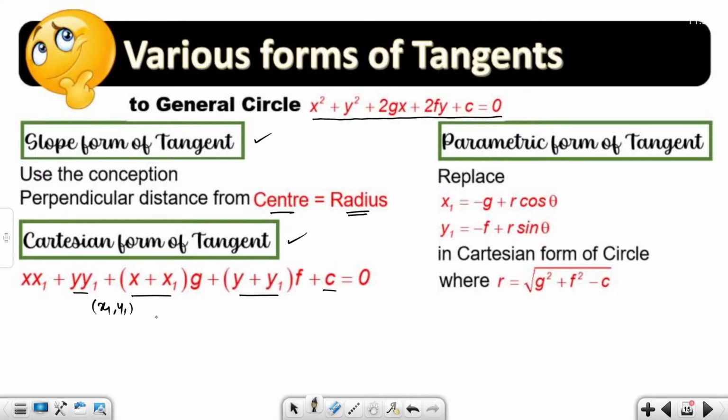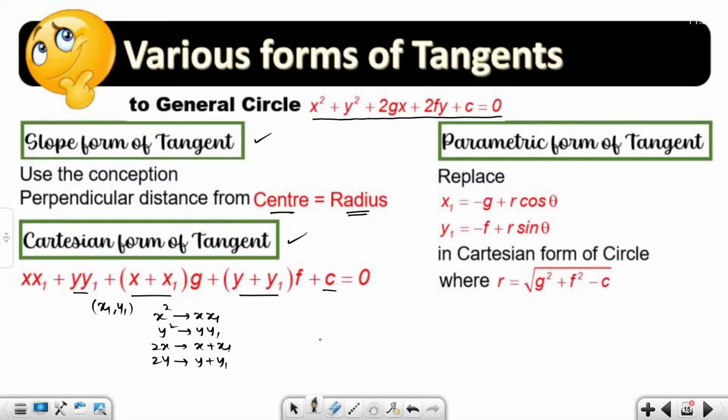How I told you, you will simply replace x square by xx1, y square by yy1, 2x by x plus x1, 2y by y plus y1 without changing any other constant term which is there in the equation of the curve.